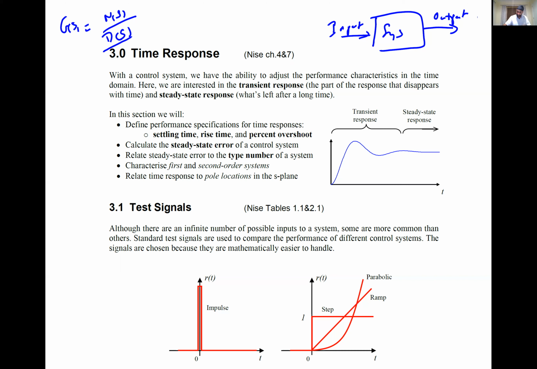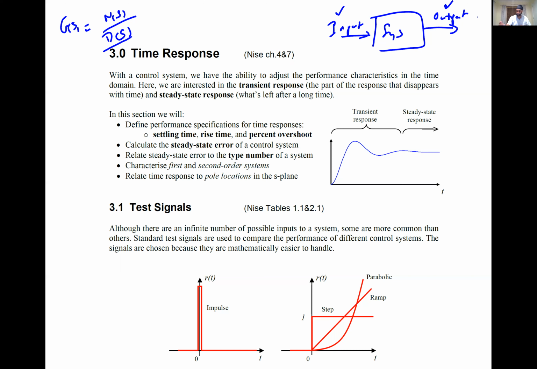So let's try to understand, first of all, what kind of response we are studying. In general, I can apply any arbitrary input to a system, and the output will vary according to whatever input I've applied. For a practical system, it is not feasible to keep applying arbitrary inputs and looking at the output.